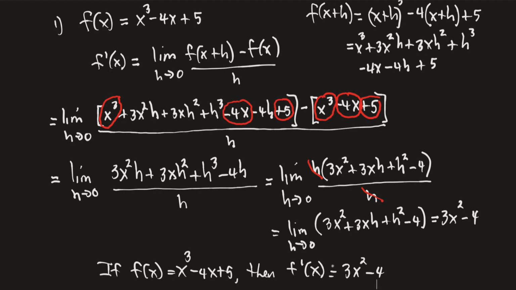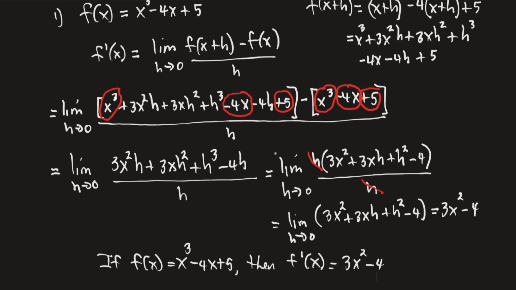There we go. All right, so that's the derivative. Now, as I said, I'm not going to worry about using the derivative to find the slope of the tangent line in this particular video. I want to focus on this process right here, right? So let's do another example of that process.